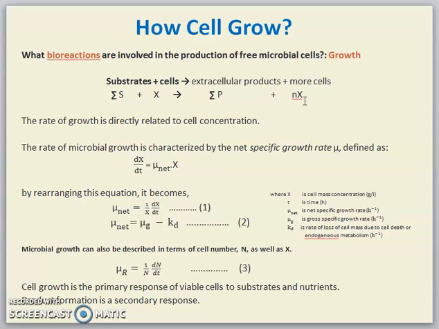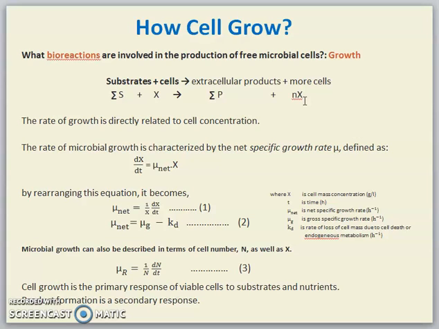As you can see from the equation, microbial growth is an autocatalytic reaction. We have seen the autocatalytic term in chemical reactions, but what is autocatalytic in the growing of cells?